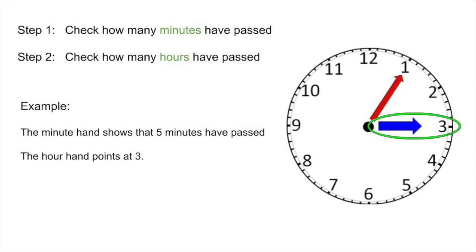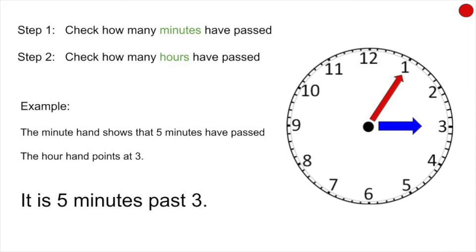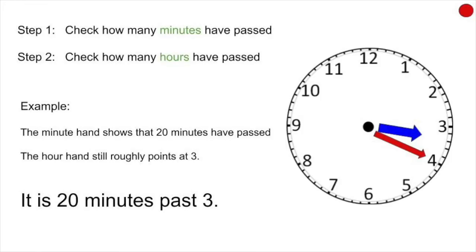So I would say it's 5 minutes past 3. Now the minute hand points at 4. That means 20 minutes have passed. So I would say it's 20 minutes past 3.